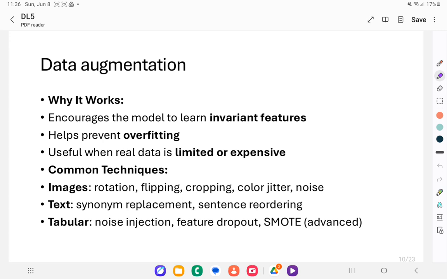The key is that these augmented samples are still realistic enough to represent valid inputs. They introduce variability that forces the model to learn more general, invariant patterns rather than memorizing the training data itself. It's important to apply these transformations only to the training set, never to the validation nor to the testing data.